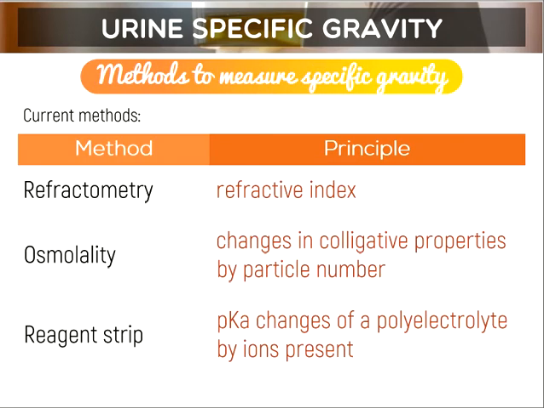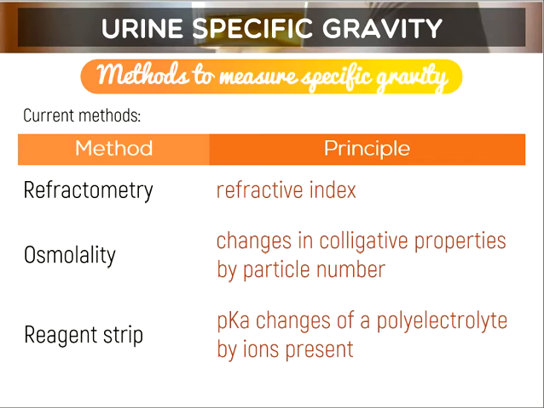So, as we mentioned earlier, we have different methods. We have refractometry, whose principle is refractive index, osmolality, changes in colligative properties by particle number. And what we use now in most labs, good guys, is the reagent strip technique.